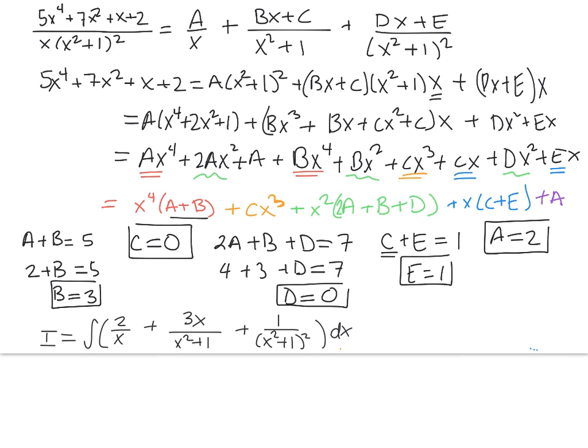The first two parts of that integrand are not super bad. So 2 ln absolute value of x for the first one, plus 3 over 2 ln absolute value of x squared plus 1. And I'm not going to work out the last one right here on purpose because it's actually quite tricky.